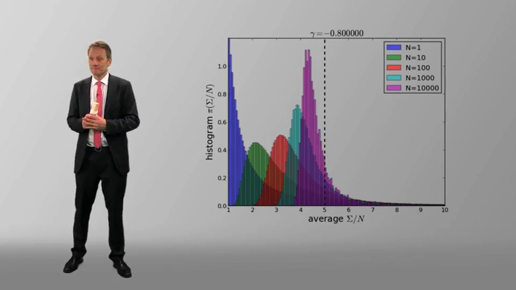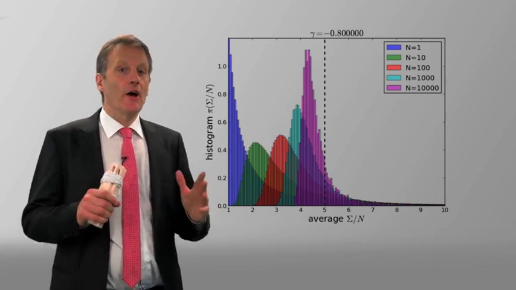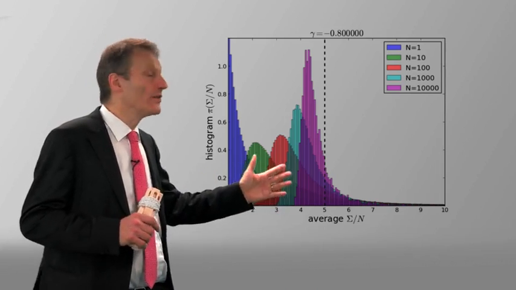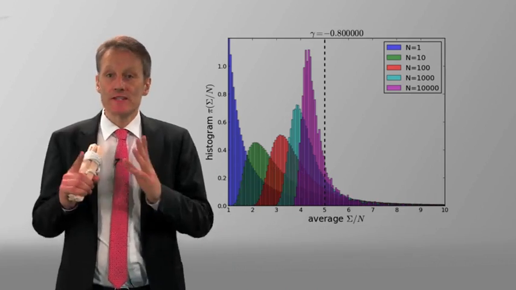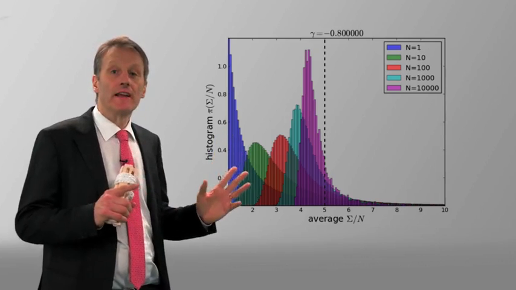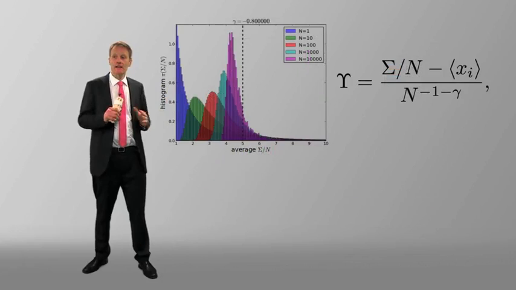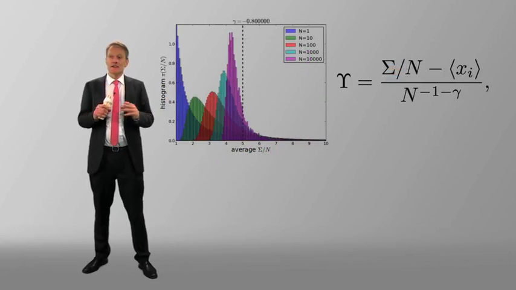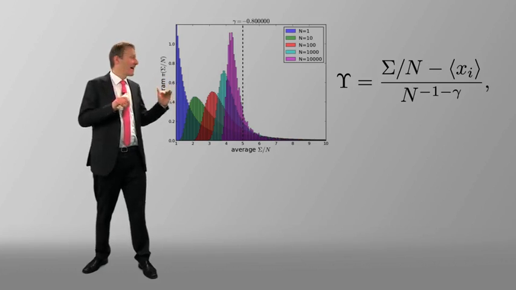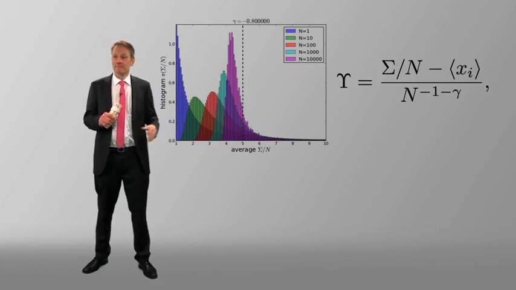So finally, let me give you, without justification, a way to rescale all these curves onto one universal curve. So this rescaling is the following. Instead of considering the probability distribution of sigma over n, we consider sigma over n minus the mean value divided by n to the minus 1 minus gamma.